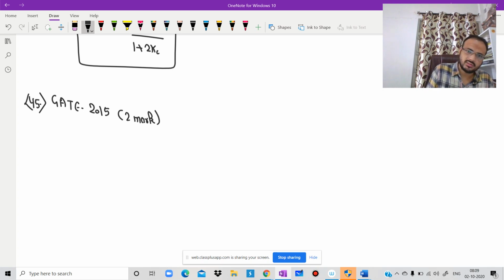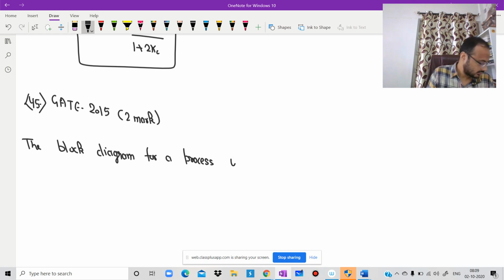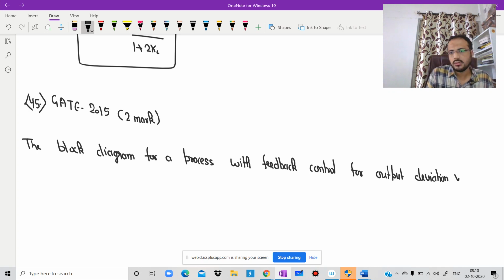Again, a very fine question. The block diagram for a process with feedback control for output deviation variable h is shown in figure below.